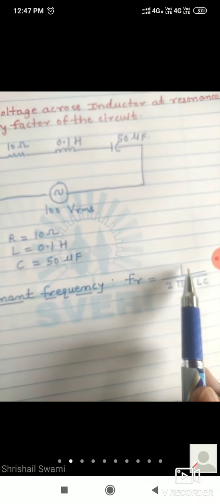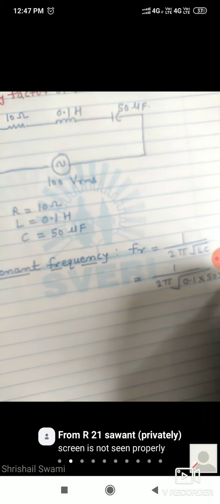So the resonant frequency of series resonance is FR equal to 1 upon 2 pi into under root LC. Put the values of L and C. L is 0.1, and C is 50 into 10 raised to minus 6. Tell the answer of resonant frequency.